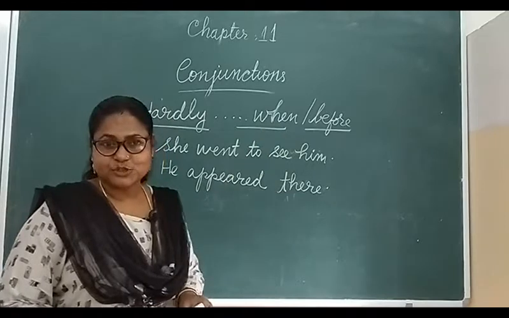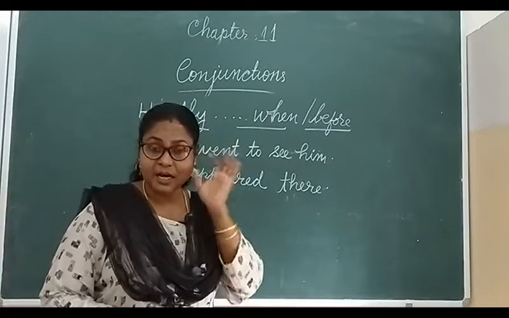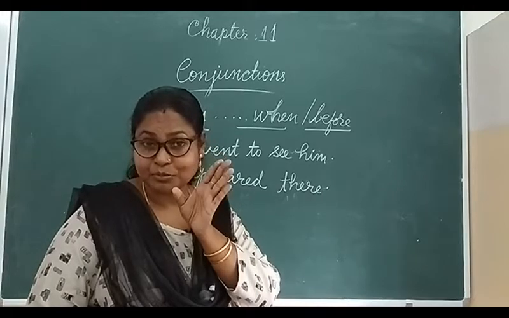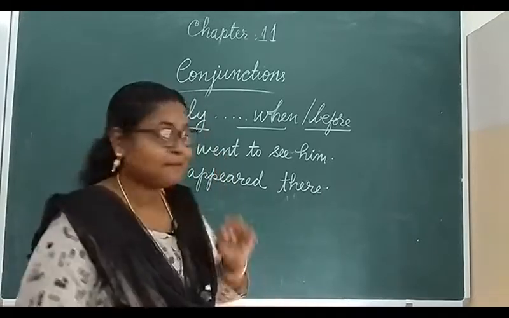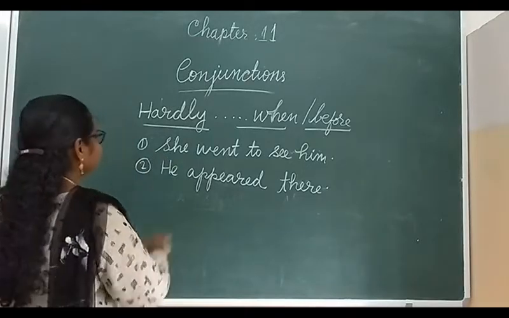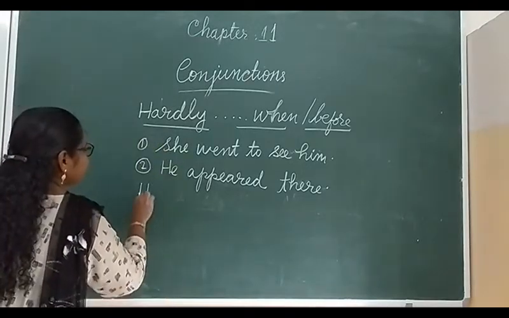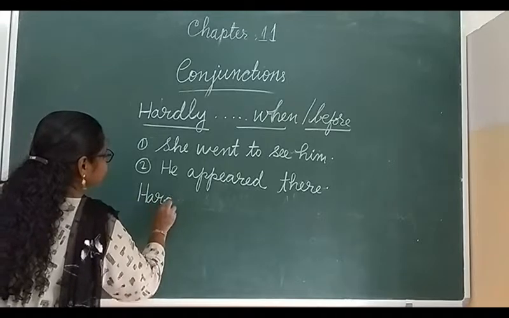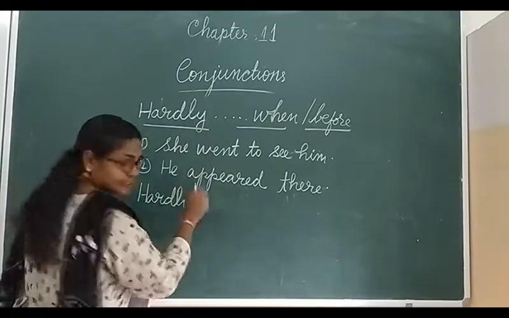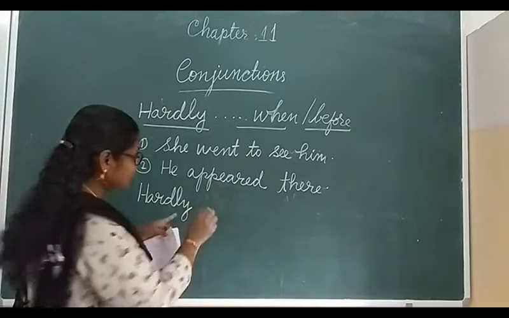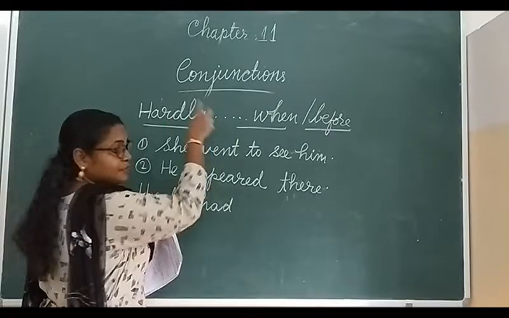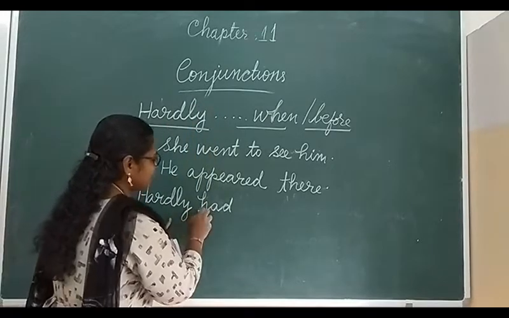Okay, let's use it. And remember in your mind, after "hardly," you need to use one helping verb. What is that? "Had." Okay, so let's join. First, "hardly." Then, as I told you, we have to place here one "had." There is no "had" here, but we have to place it.